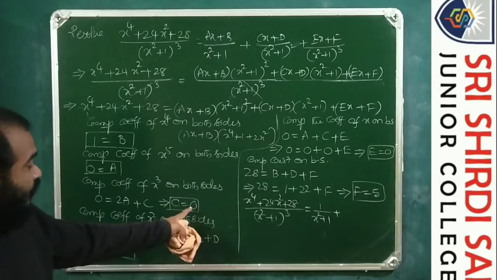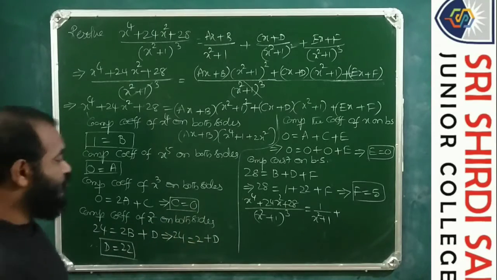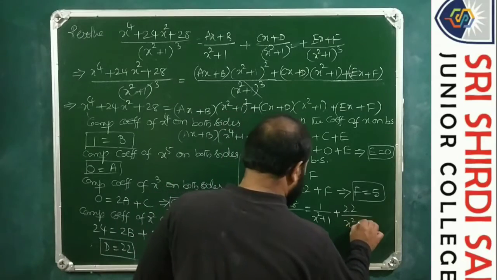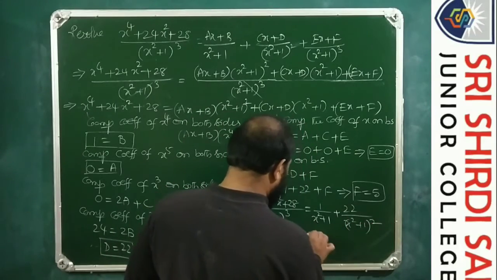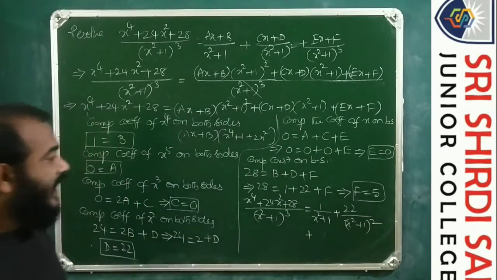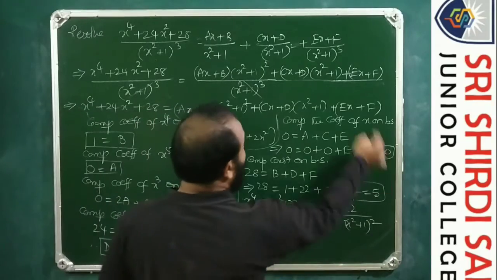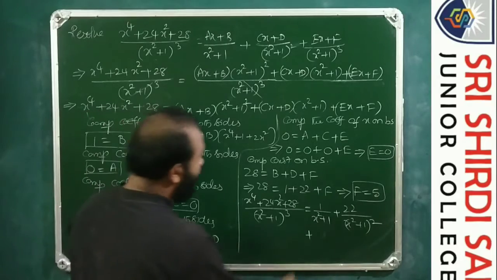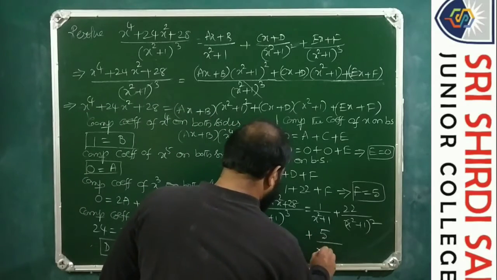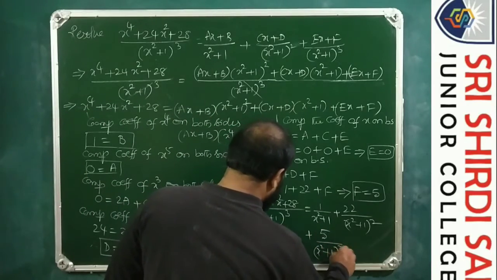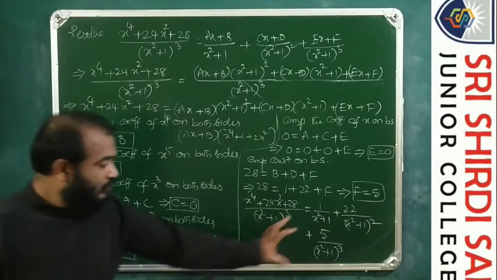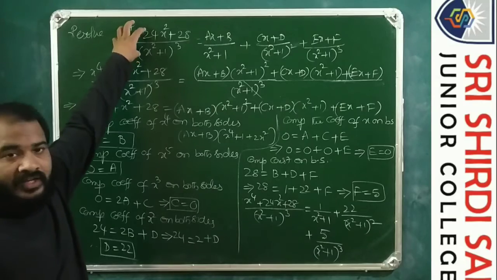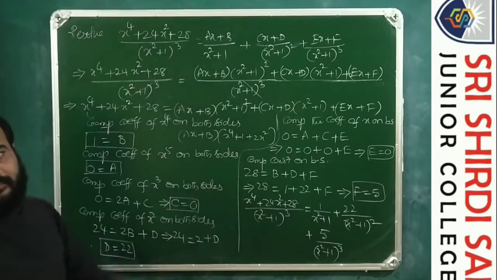C value is 0, 0 into x, 0x plus d value is 22 by x square plus 1 whole square plus ex plus f. E is 0, 0 into x, 0x plus f value is 5. So 5 by x square plus 1 whole cube. So these are the partial fractions for the given proper fraction.